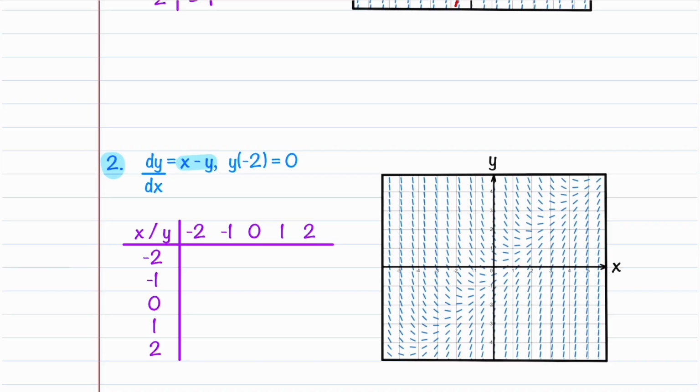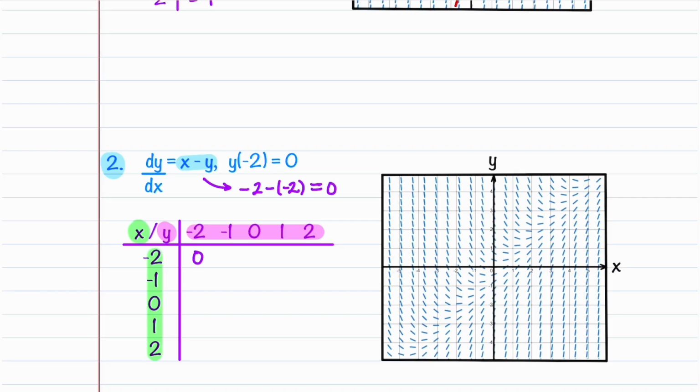Down here on the left, I have written our x values from -2 to 2, and then our y values, and I chose them to be from -2 to 2 as well. Let's go ahead and fill in this table. When x is -2 and y is -2, we're going to have -2 minus a -2, and that gives us 0.